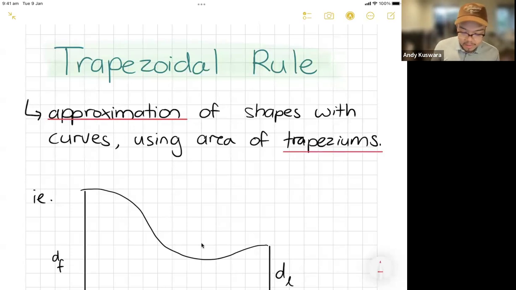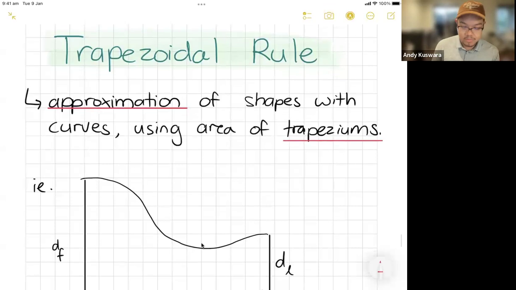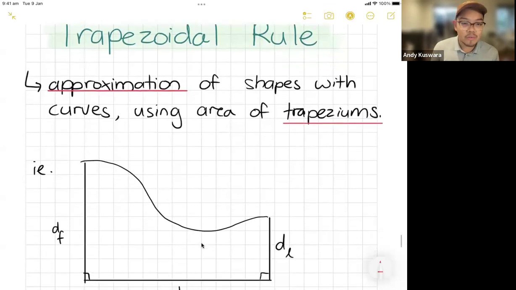Essentially we use this when there are curves, because we don't have a real good way to find areas of shapes with curves, so we can approximate using trapeziums.